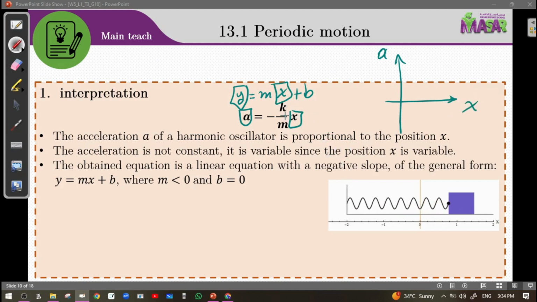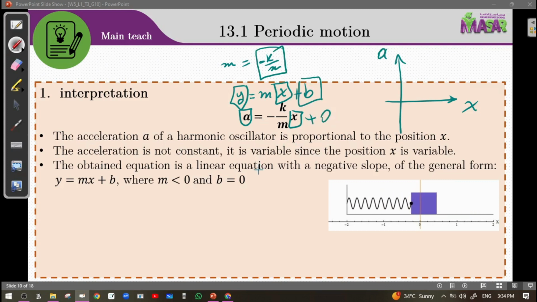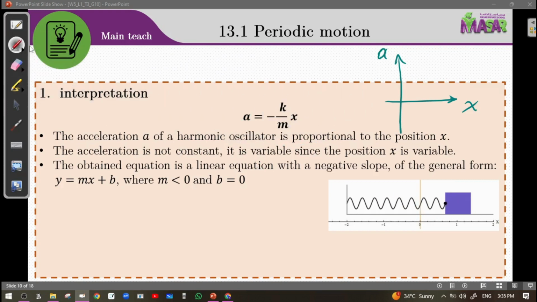And finally, it's a linear equation with a negative slope. Minus k over m represents the slope, which is negative in this particular case. And what about b? b here is 0 because it does not exist in our equation. This is why this equation should be passing through the origin. And if we plot this equation in a graph, it will look like this.